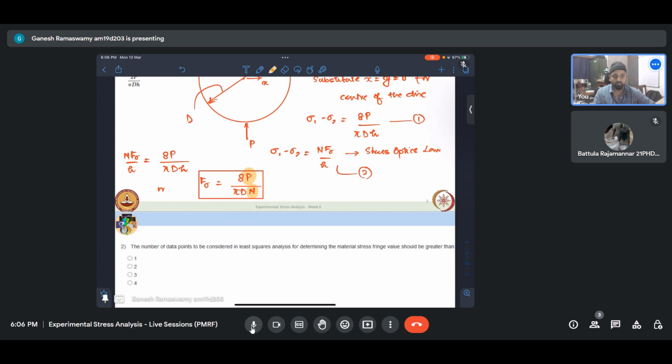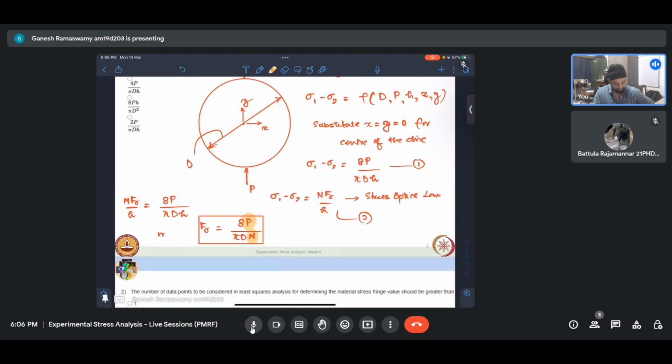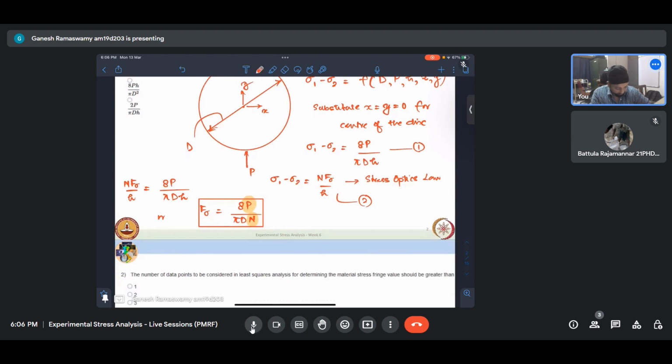Once I have the slope of the best fit line, the others are known. It is just a constant times that slope that is my F sigma for that material. So this is how I'll calibrate the material.